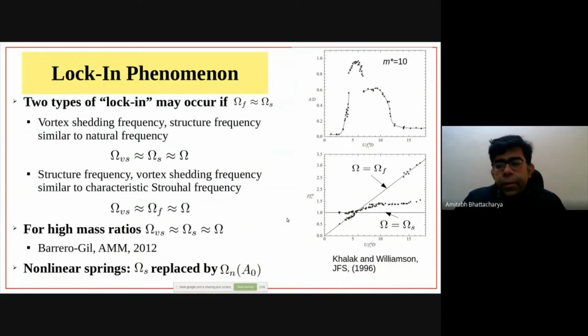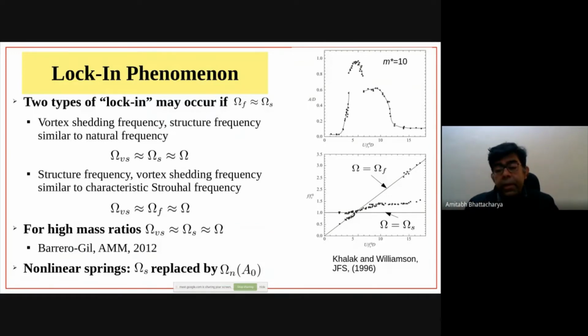Now, how does this scenario change in the presence of nonlinear springs? Well, the first thing we can say is that clearly the natural frequency of this structure, if the spring is nonlinear, will not really be fixed.